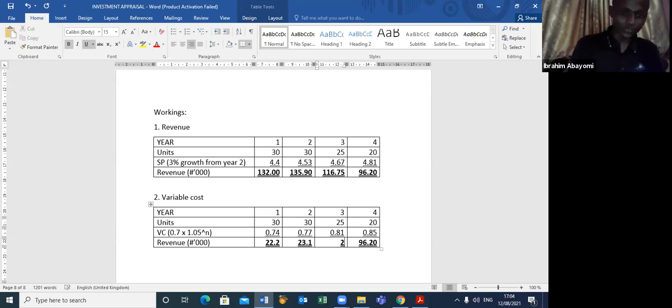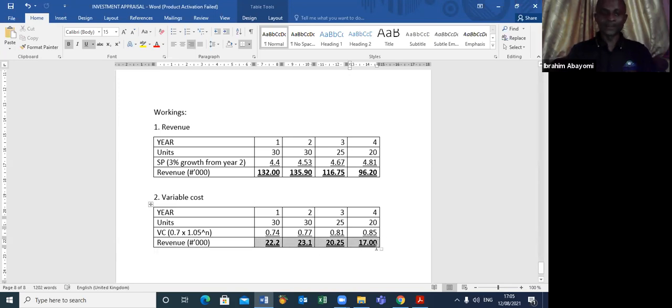That is 20.25. And the last year we have 20 times 0.85, and that is 17.00. So these are the variable costs.